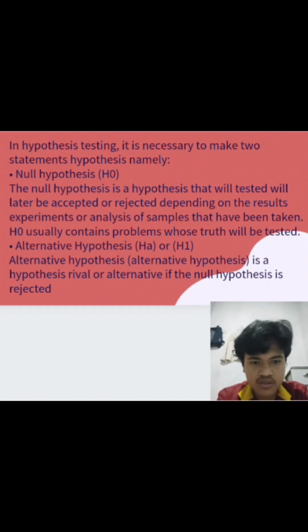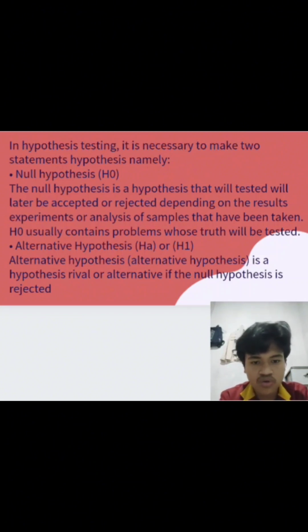In hypothesis testing, it is necessary to make two hypothesis statements, namely the null hypothesis. The null hypothesis is a hypothesis that will be tested and will later be accepted or rejected depending on the result of the experiment or analysis of samples that have been taken.